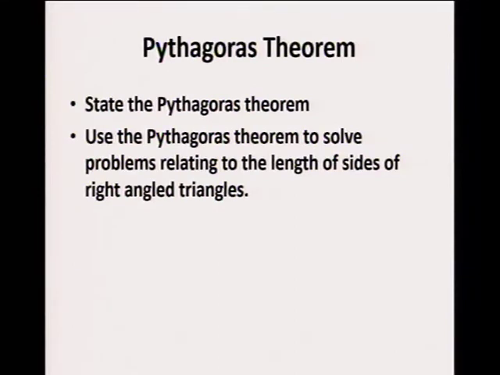If one of the angles in the triangle is 90 degrees, then the theorem works. If it is not the case, then the theorem is not applicable. And it is used to determine the length of sides, especially in right-angled triangles. So, what does the theorem state?